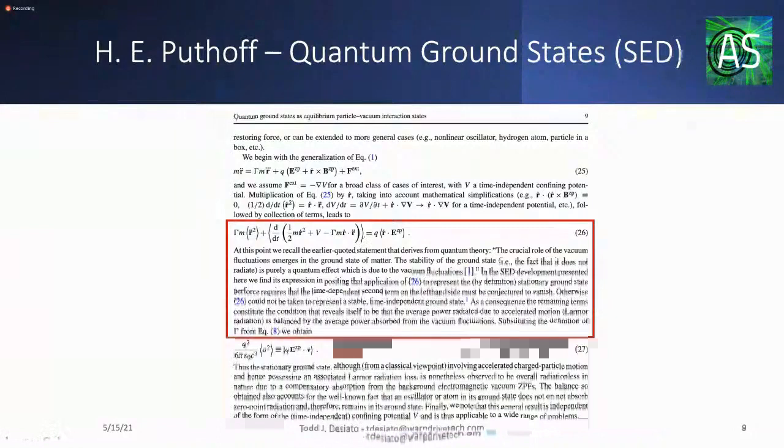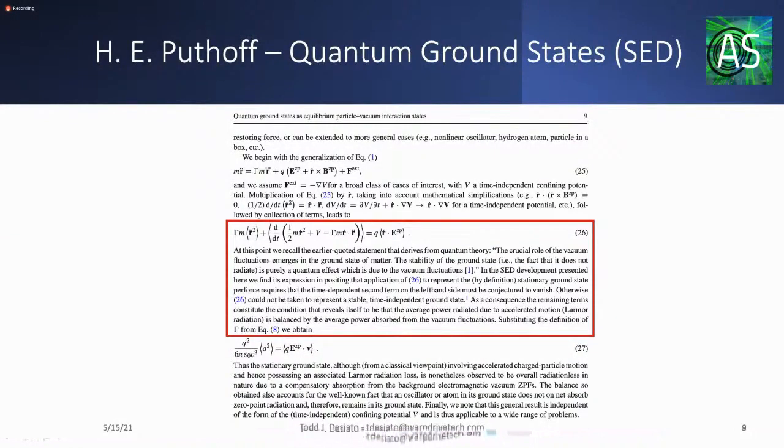So this term in the expectation value bracket is 0. Otherwise, it could not be taken to represent a stable, time-independent ground state. Again, we want the ground state to be stable because that's what it is in reality.